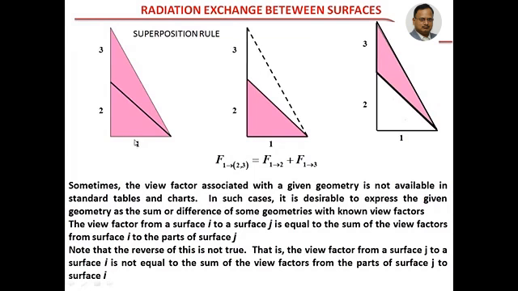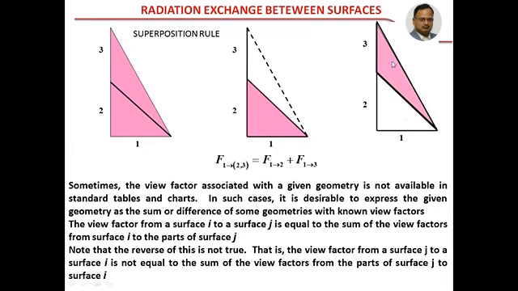Now imagine there are 1, 2, 3 segments like this. The amount of energy released by 1 and falling on 2 and 3 is nothing but F1 to 2,3, which is nothing but F12 plus F13. You can split.